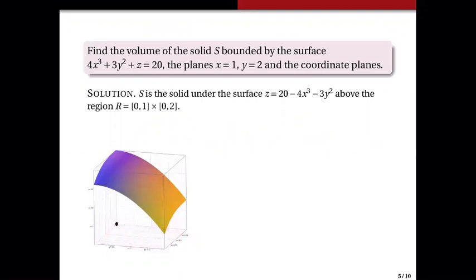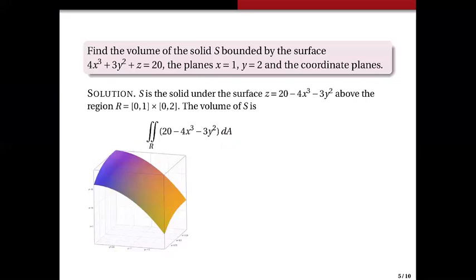And then, of course, if we want the volume of the solid, it is given by this double integral. The volume of S is the double integral over the region R of 20 minus 4x cubed minus 3y squared dA, where A is the area of the region.